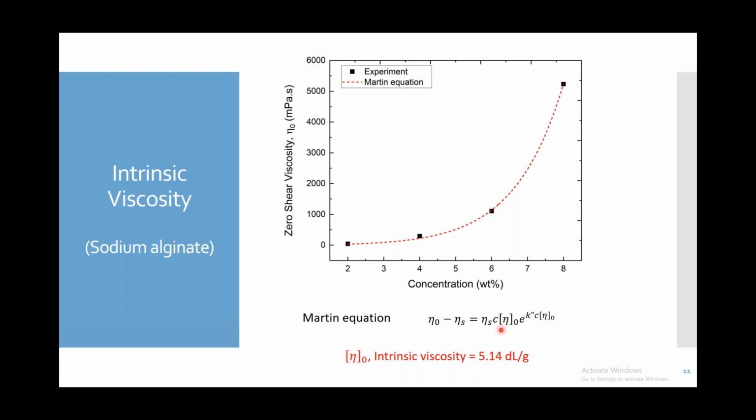In this equation, again, eta naught is the zero shear viscosity, eta sub S is the viscosity of the solvent, which is DI water for our experiment, C is the concentration of the solution, and eta in brackets is the intrinsic viscosity. The extracted value for intrinsic viscosity from the Martin equation is 5.14 deciliter per gram. That is in good agreement with the most reliable reported data in the literature.